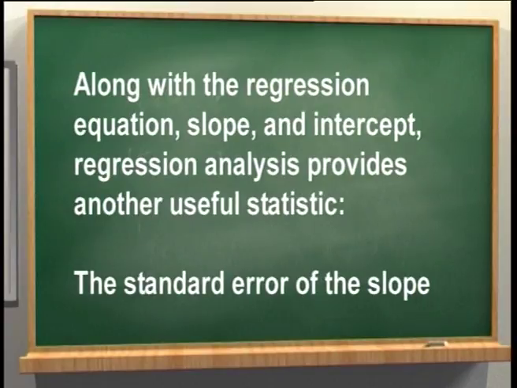The regression line is fitted using a method known as least squares, which minimizes the sum of squared vertical distances between the actual and predicted values of y. Along with the regression equation, slope and intercept, regression analysis provides another useful statistic, that is the standard error of the slope.